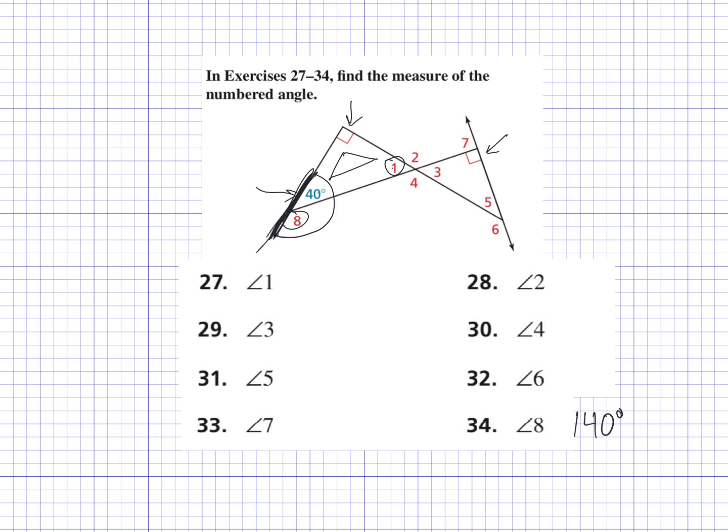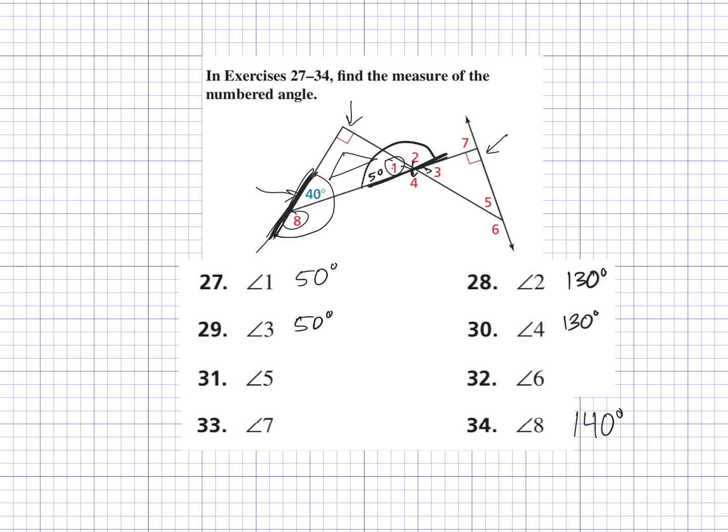So 40 and angle 1 have to equal 90, so angle 1 must be 50. And by vertical angles, angle 3 is 50. All right, so we'll go ahead and do angle 2 and angle 4. If angle 1 is 50 degrees, you've got a straight line here, that's 180. So that means angle 2 must be 130. And then by vertical angles, angle 4 must be 130.